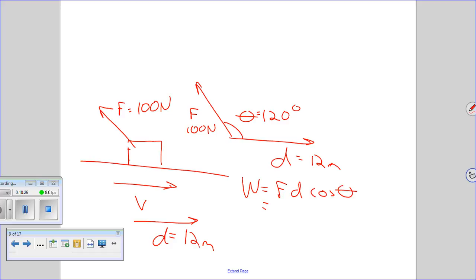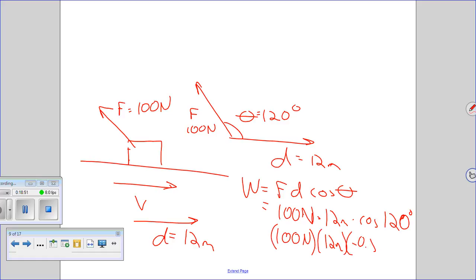Watch what happens. My F is 100 newtons. My D is 12 meters. Newtons times 12 meters times the cosine of 120 degrees. Cosine of 120, I think, is negative a half. Right? So this gives you 100 newtons times 12 meters times negative 0.5. And it manufactures that negative, right?